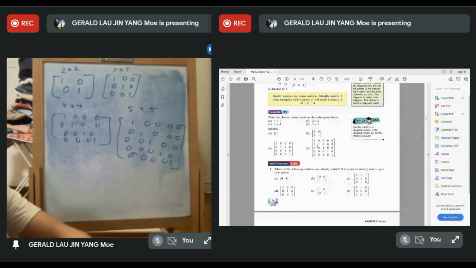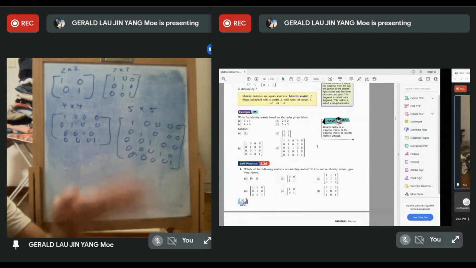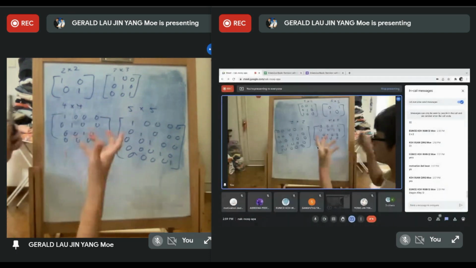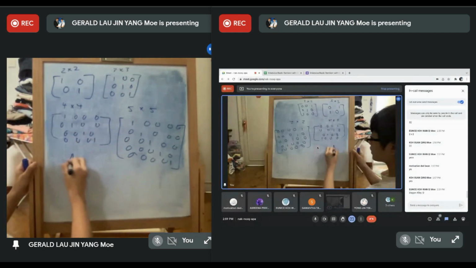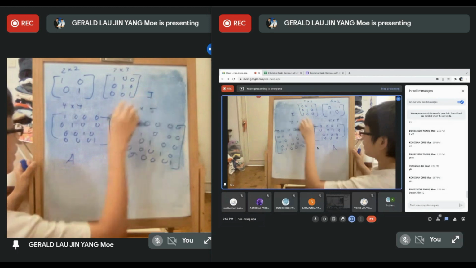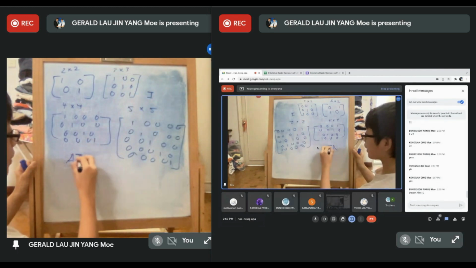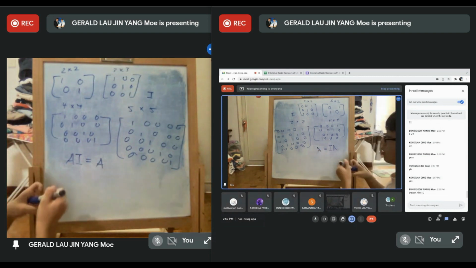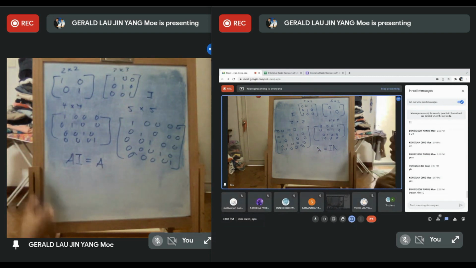Okay? Oh yeah, one more thing I forgot to say is identity matrix will produce the same matrix. Let's say I have a matrix A. Identity matrix, the symbol is I. So A times I, times the identity matrix, it will still be A. Understand? It will still be the same thing.